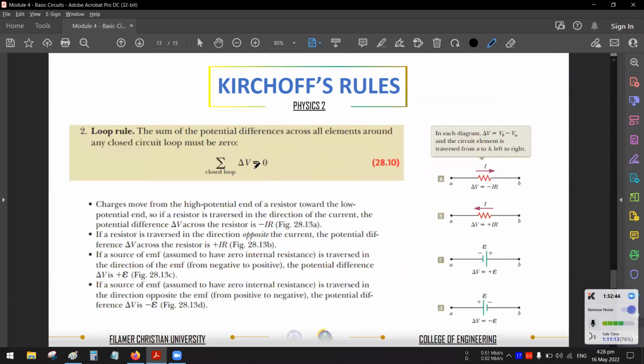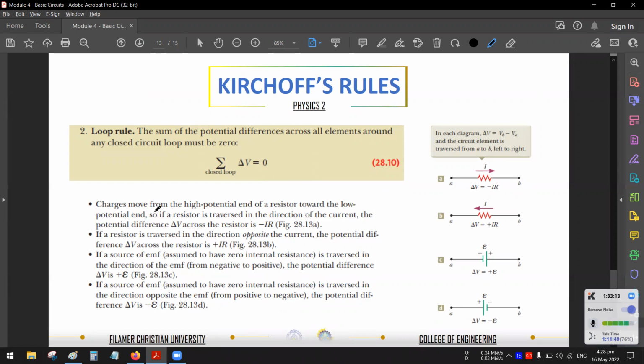So, for the loop rule naman, the sum of the potential differences across all elements around any closed circuit loop must be 0. Take note that it depends on the direction of the current.